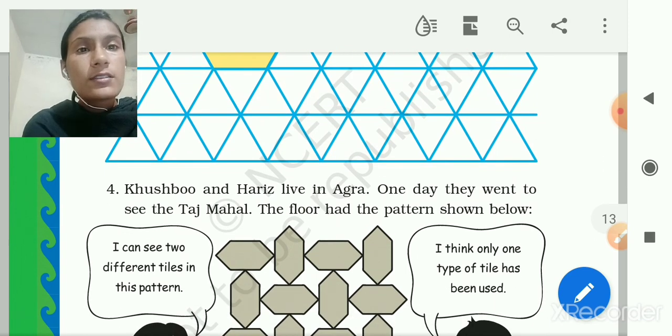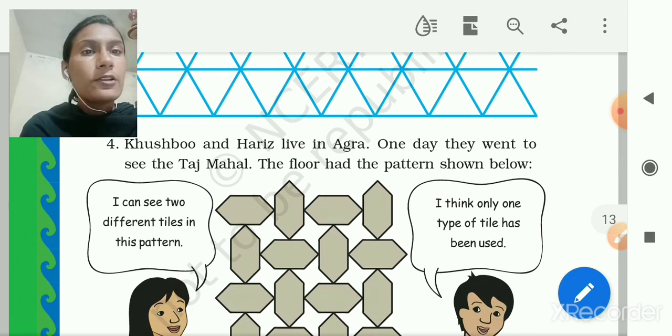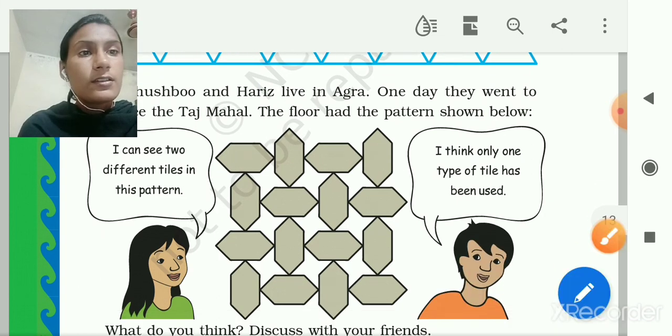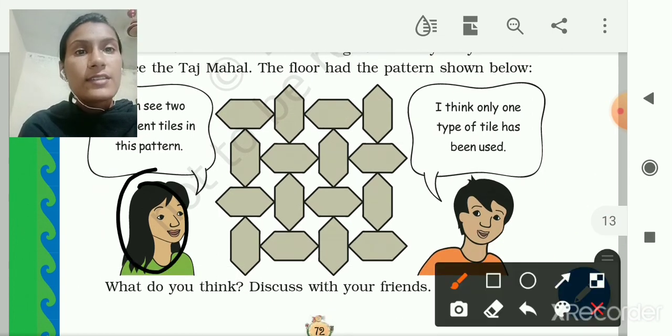The next one: Khushbu and Harish live in Agra. One day they went to see the Taj Mahal. The floor had the pattern shown below, like this floor pattern. She said, I can see two different tiles in this pattern, and he said, I think only one type of tile has been used.